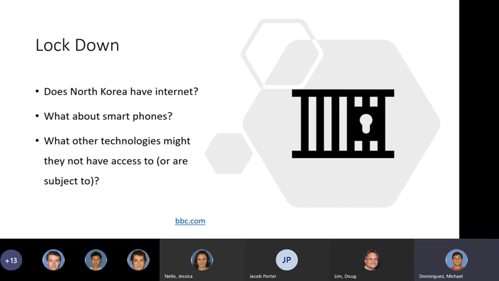So we're going to talk about the security of Red Star OS. First, I want to ask everybody: do you think North Korea uses the internet? How do you think the internet is over in North Korea? What about smartphones? Full of propaganda, yeah, that's pretty good.